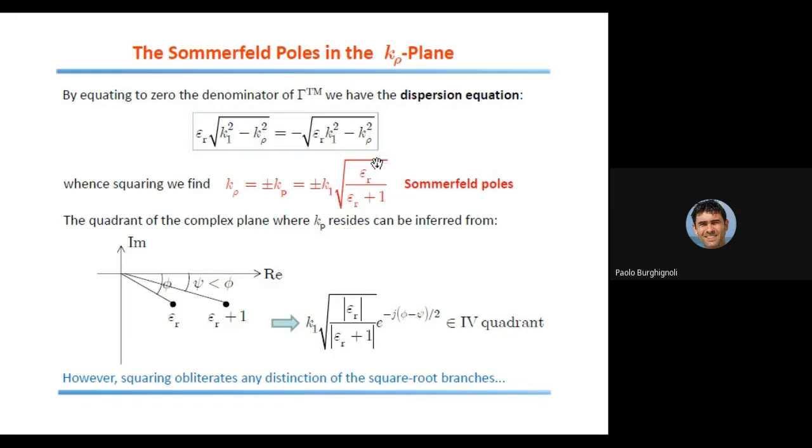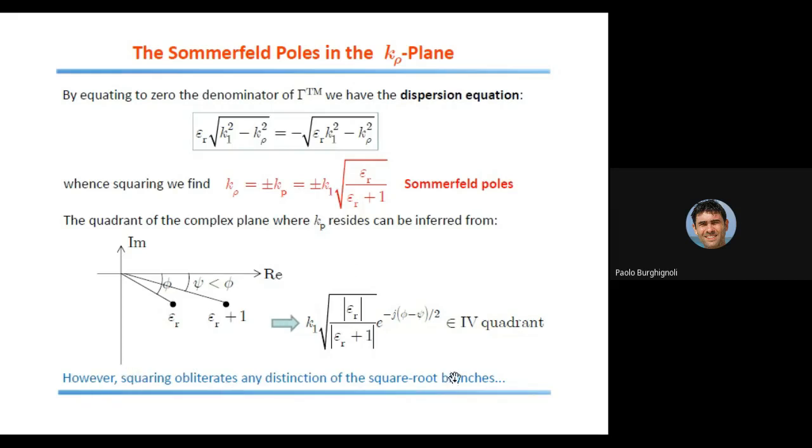So if you express the Sommerfeld pole in polar form, what you find is the expression reported here, where you can see the absolute value in front of the exponential. And in the exponent, you see that the phase is negative, and so we are in the fourth quadrant. Then if you enforce the minus sign in front of the square root, you of course end up in the second quadrant.